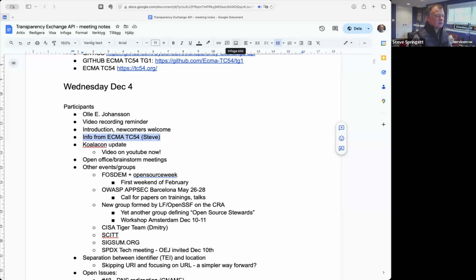I've got the scaffolding in place to be able to generate the ECMA documentation. We're using the same toolkit that TC39 created for the JavaScript/ECMAScript language.